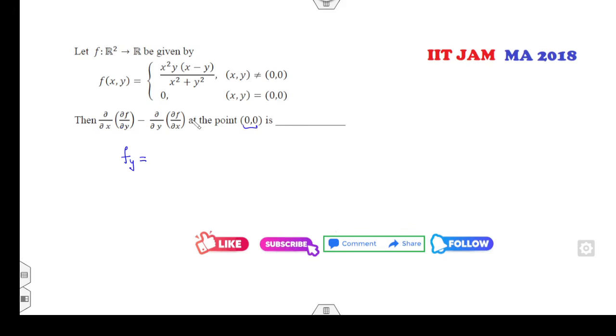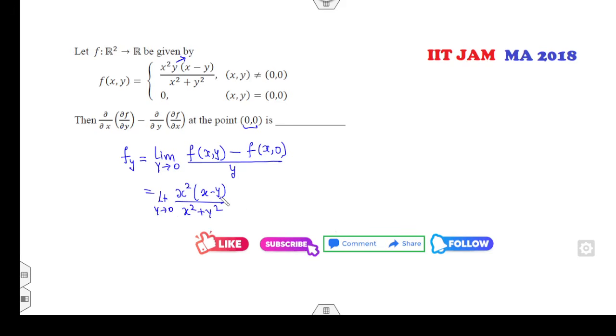You cannot apply the limit on this directly. So it's f of x, y minus f of x, 0 divided by y. So how much is this? f of x, 0: whenever y is 0, the first component is 0. f of x, y divided by y is x square into x minus y divided by x square plus y square, as limit y approaches 0.